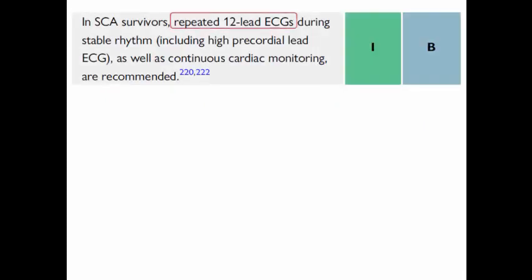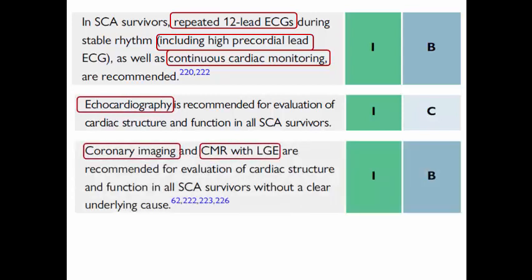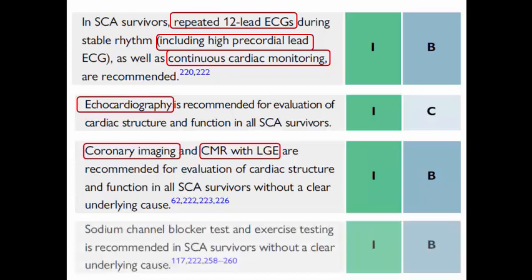The repeated 12-lead ECG during hospital stay, including high precordial leads to detect Brugada, as well as continuous cardiac monitoring, are recommended. Echo is essential. Coronary imaging and cardiac MRI with late gadolinium enhancement are recommended in all survivors if there is no clear underlying cause.